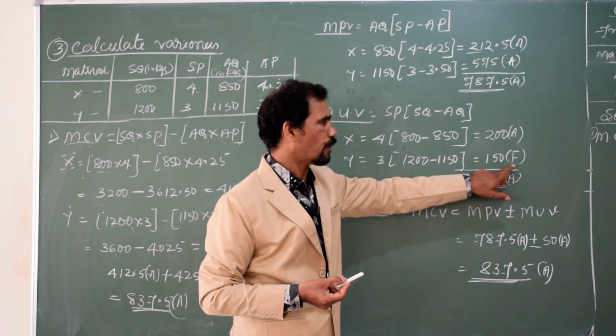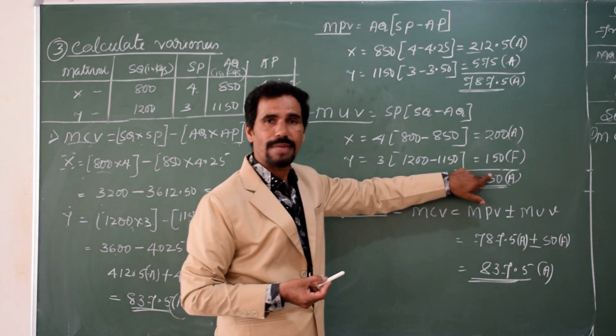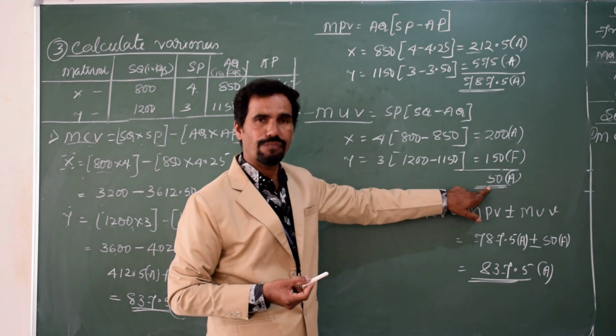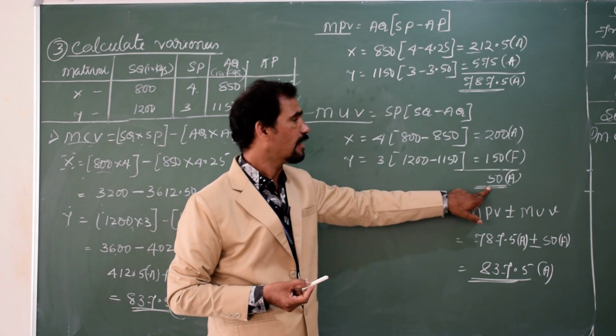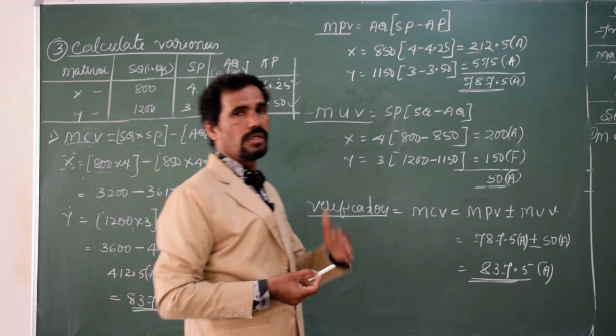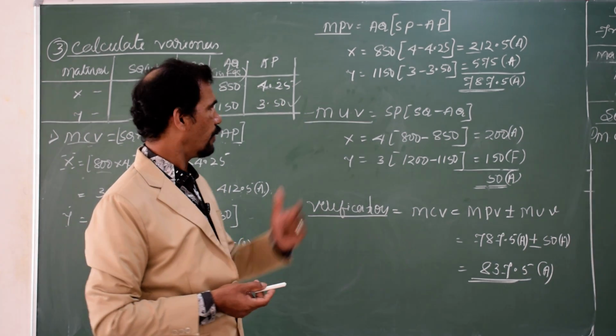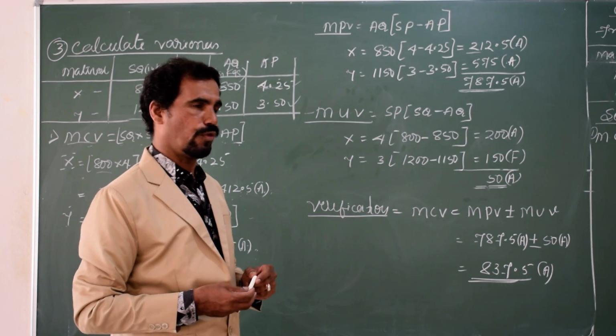One adverse and one favorable means subtract: 200 minus 150, the remaining 50 is adverse. So the material cost variance, price variance and usage variance are all done.